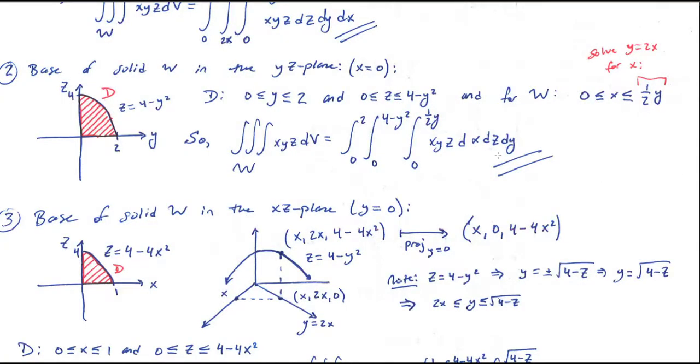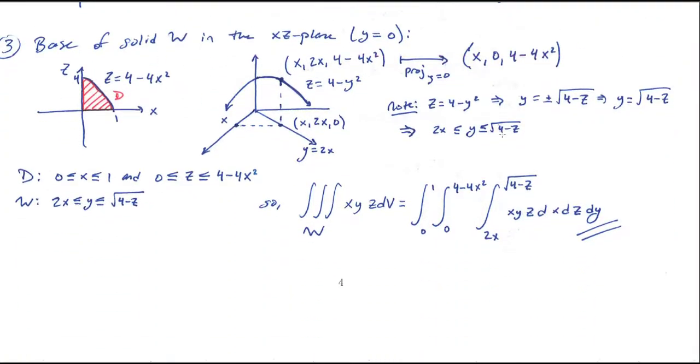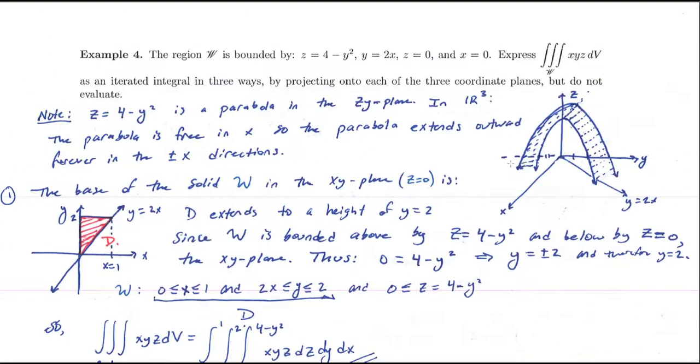Now, the bottom surface is definitely the hardest one to do. In this case, we're going to project onto the xz plane. So that means y is 0. So when y is 0, we know that this equation here is just z equals 4.